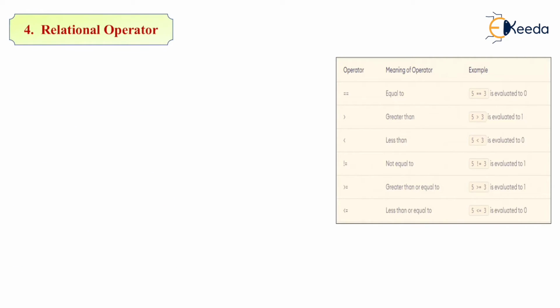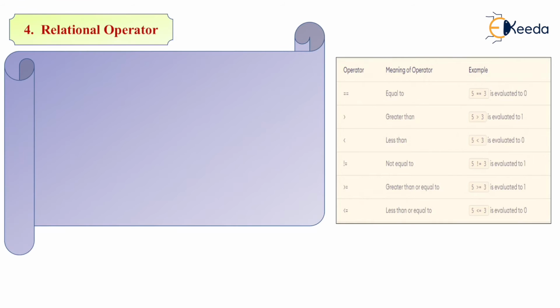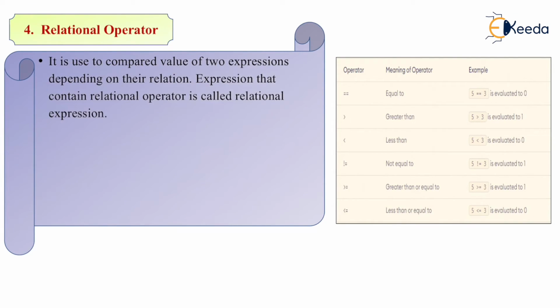Next operator is the relational operator. A relational operator is used to compare the values of two expressions depending on their relation. An expression that contains a relational operator is called a relational expression.